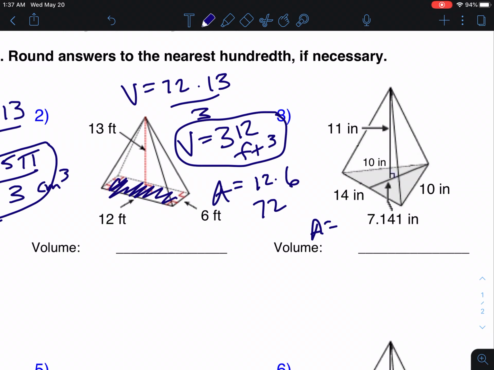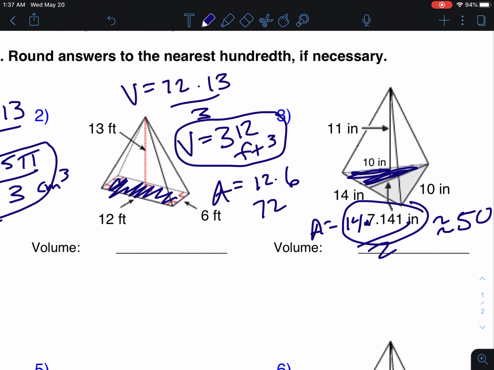So that'll be 14 times this part here, and then we'll divide that by 2, so times 7.141. That gives us almost exactly 50. I'm just going to round that off to 50 because it gives me 49.987. So I'm going to say the area of that base shape is 50.